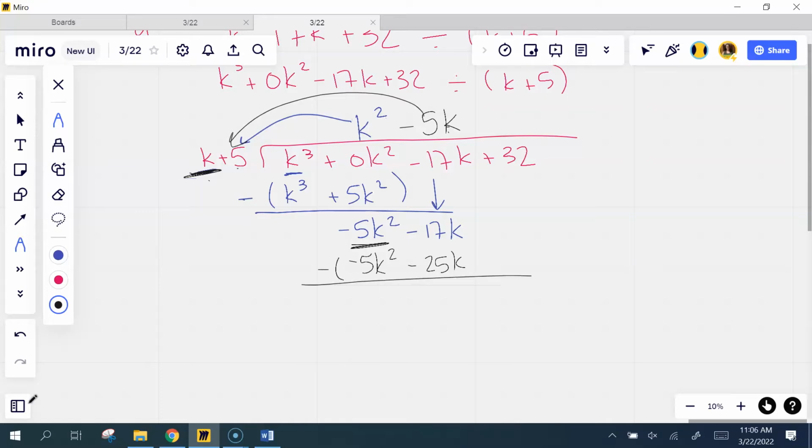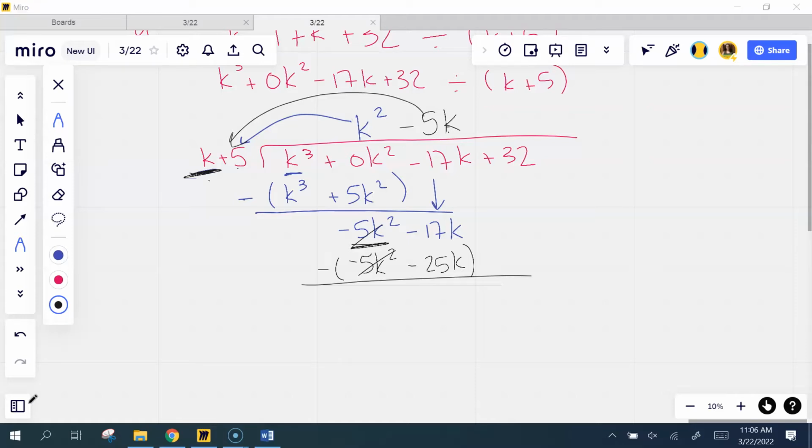See why we took some time adding, subtracting, and multiplying polynomials there for a while? You get to do it all in the division problem. All right, now subtract negative 5k squared minus negative 5k squared. Right? And it should cancel for us if we've done it right.